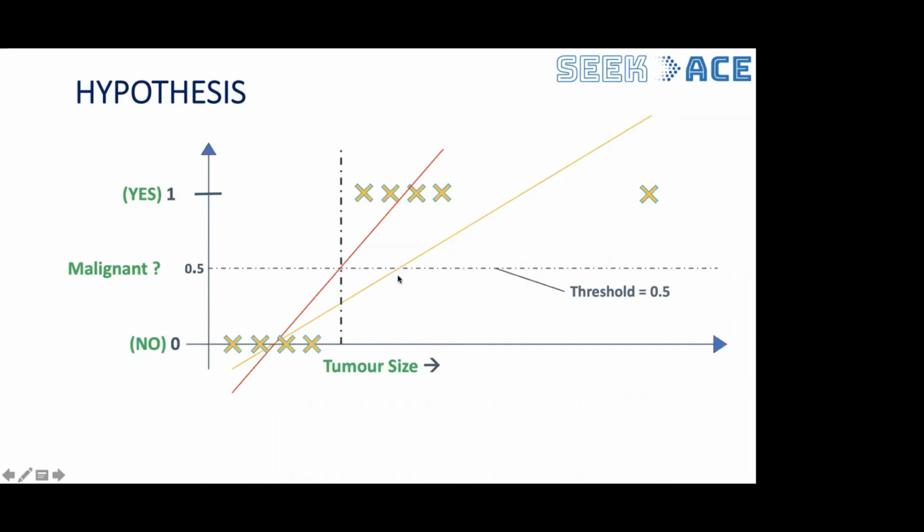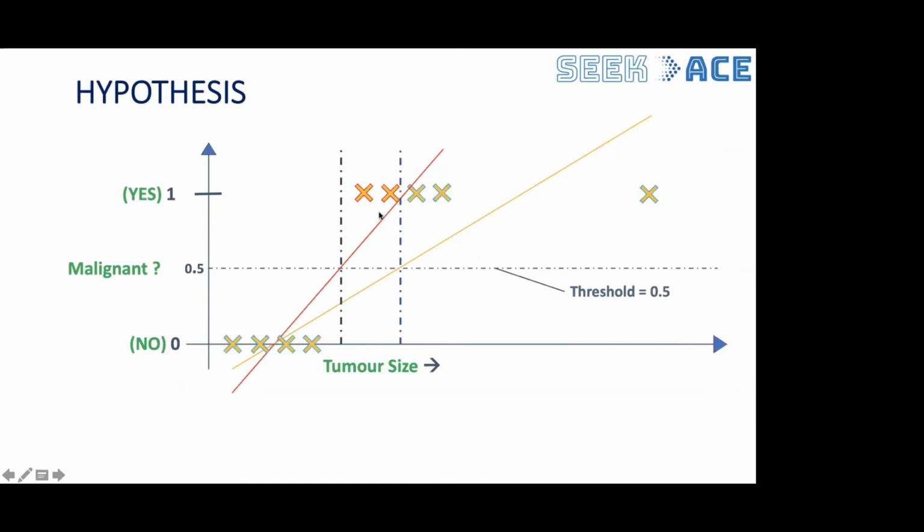Now our decision boundary will come here, because at this x we get 0.5. Only if the tumor size is greater than this size do we get a target value greater than 0.5, and only then can we say the tumor is malignant.